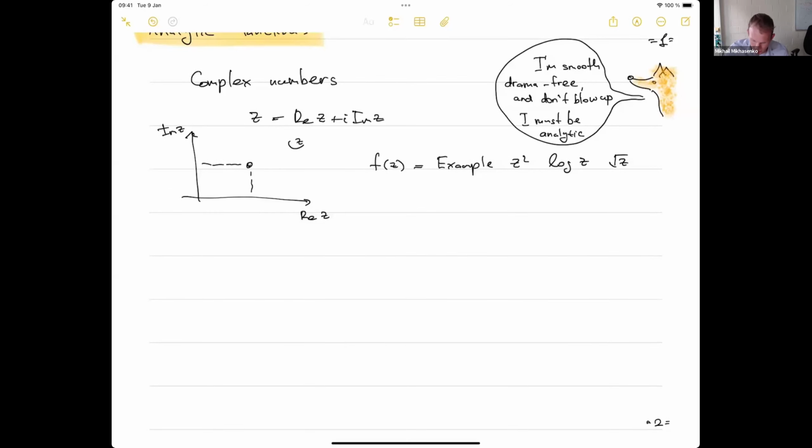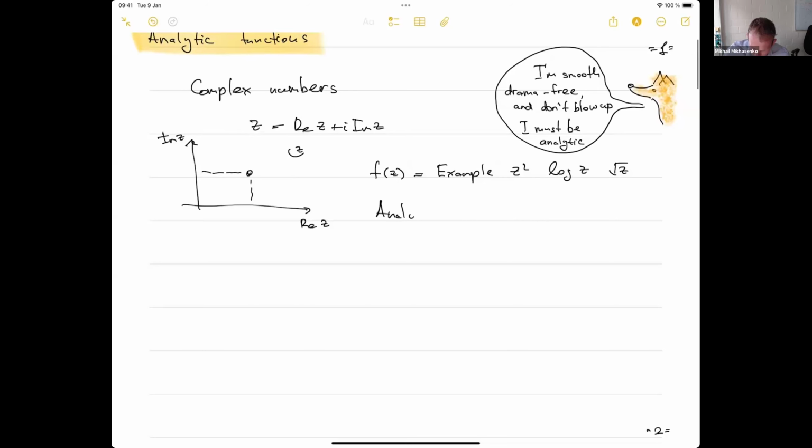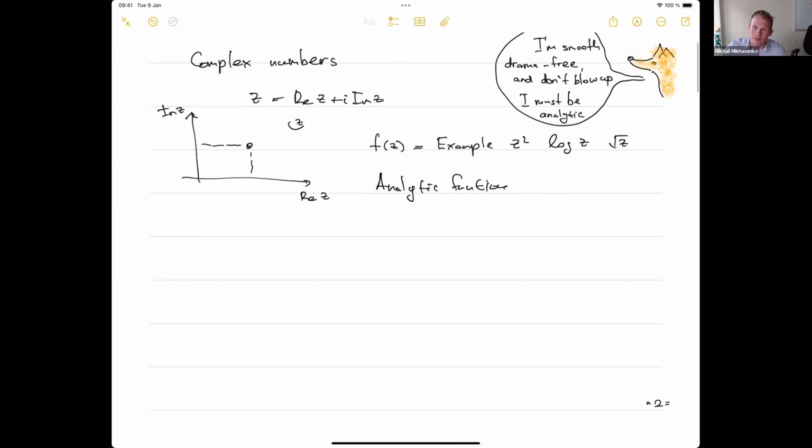Analyticity is a stronger condition on a function. A function is analytic where there is a convergent power series, which could be infinite.